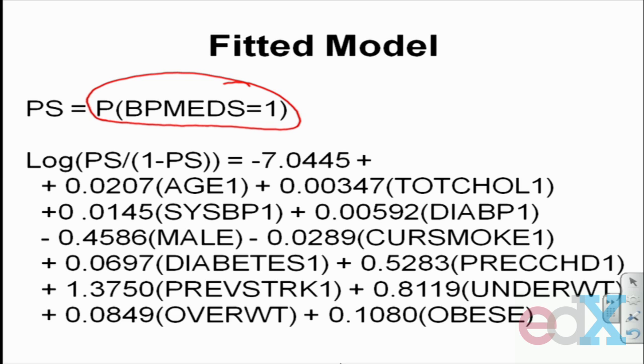We want to predict that probability based on the confounders only. So notice this logistic regression model contains terms for age and total cholesterol and systolic blood pressure and diabetes, all the factors that are in Table 1.